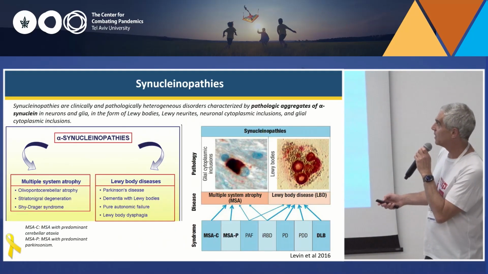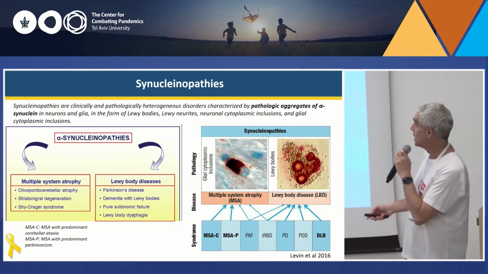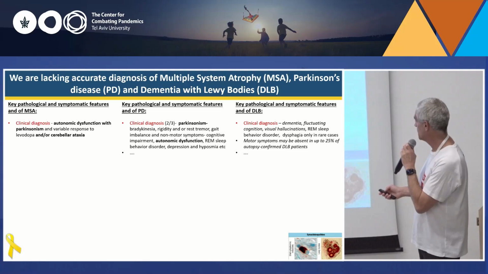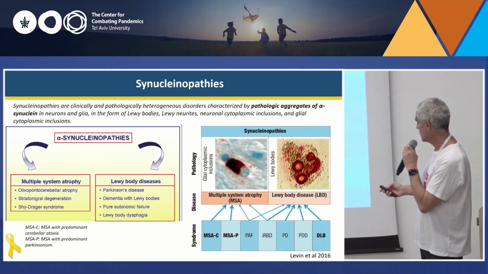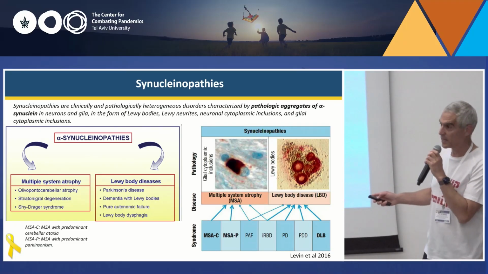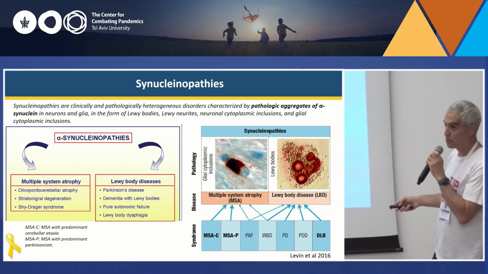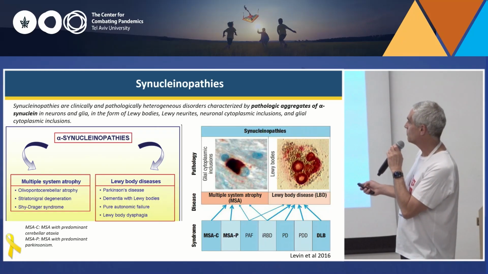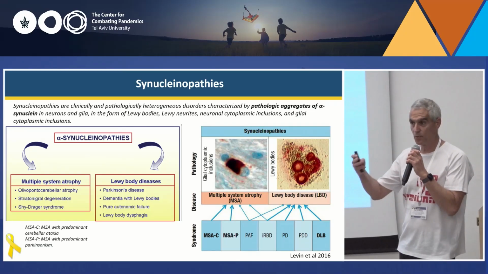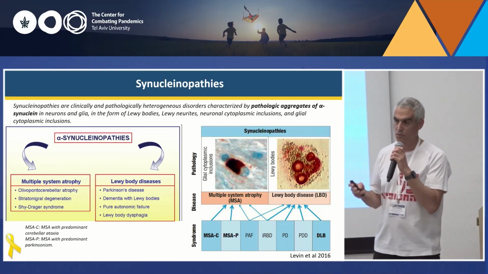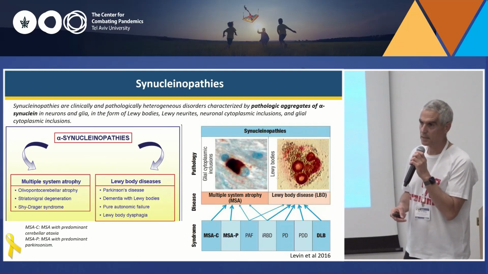So this is the general aspect of synucleinopathies. And we have two main types of synucleinopathies. One is the Parkinson's disease, and together with dementia with Lewy bodies, we have aggregation in Lewy bodies in neurons. Another type of synucleinopathies is called multiple system atrophy, and in this case, the same protein is starting to aggregate in oligodendrocytes, which are the myelin forming cells in the brain.